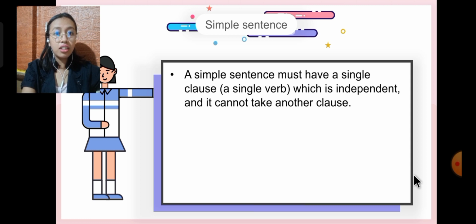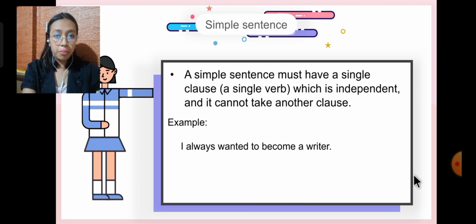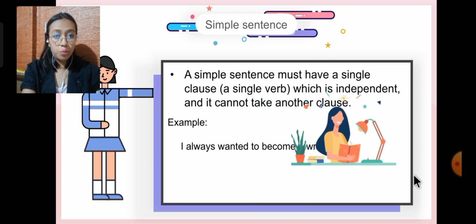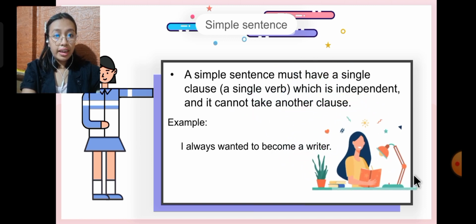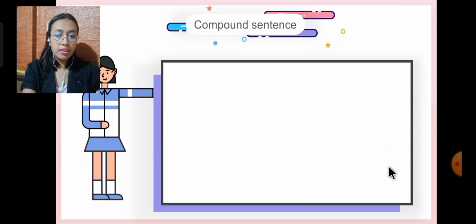A simple sentence must have a single clause, a single verb, which is independent and cannot take another clause. Example: I always wanted to become a writer. In this example, there is one clause and one verb.